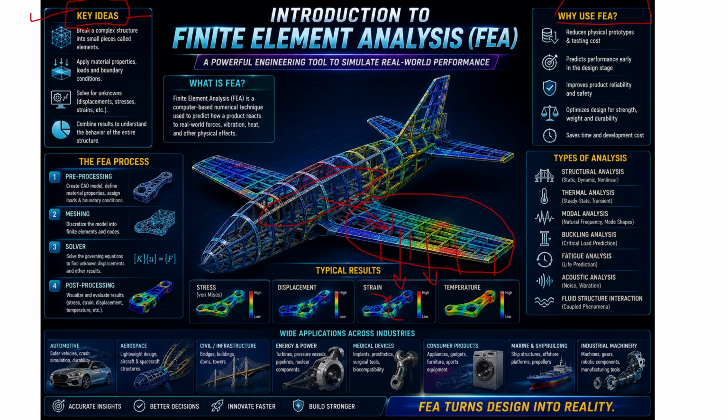Then I have to bring a new wing, reduce this X value, and check again whether it fails or not. And if it fails again, then again I have to reduce the amount of load applied on the wing. So for multiple iterations, I have to create multiple prototypes and check multiple loading conditions.